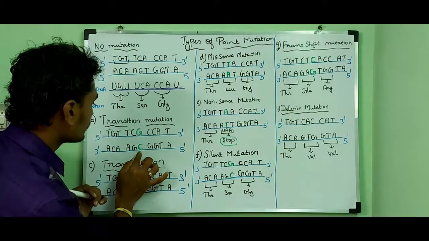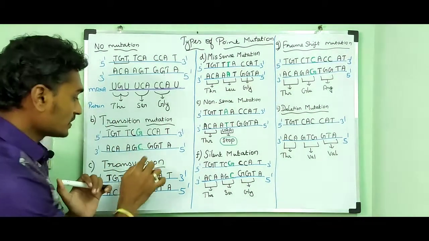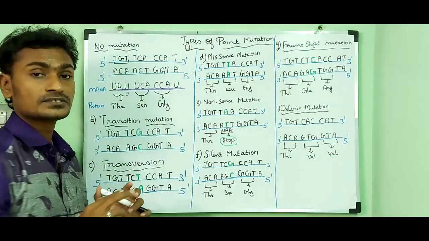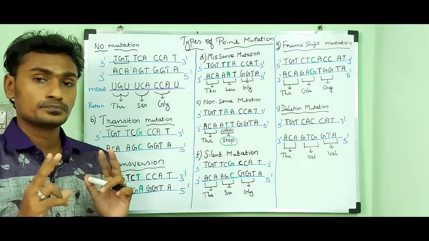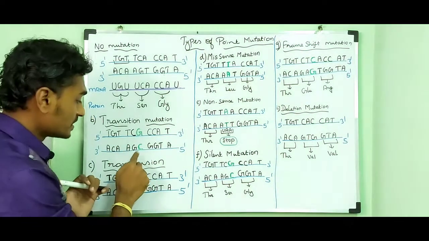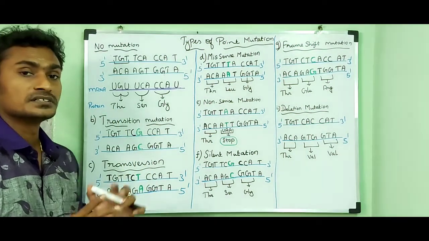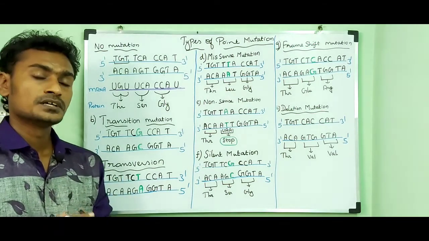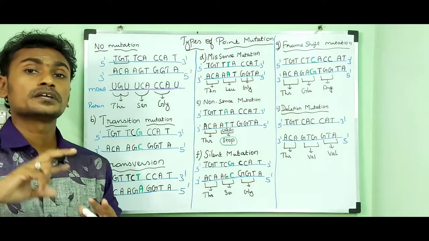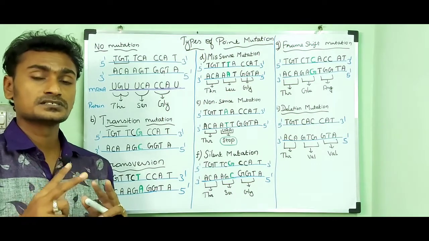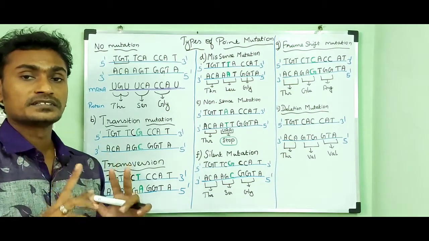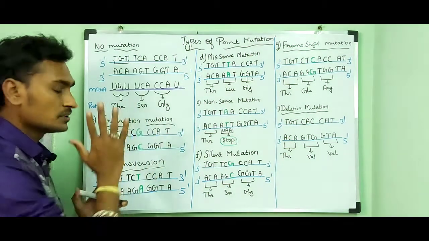Here you can find C, and here you can find T. T is a pyrimidine base, and it is replaced by another pyrimidine base, C. So transition mutation means a purine base is replaced by another purine base, or a pyrimidine nitrogenous base is replaced by another pyrimidine base.